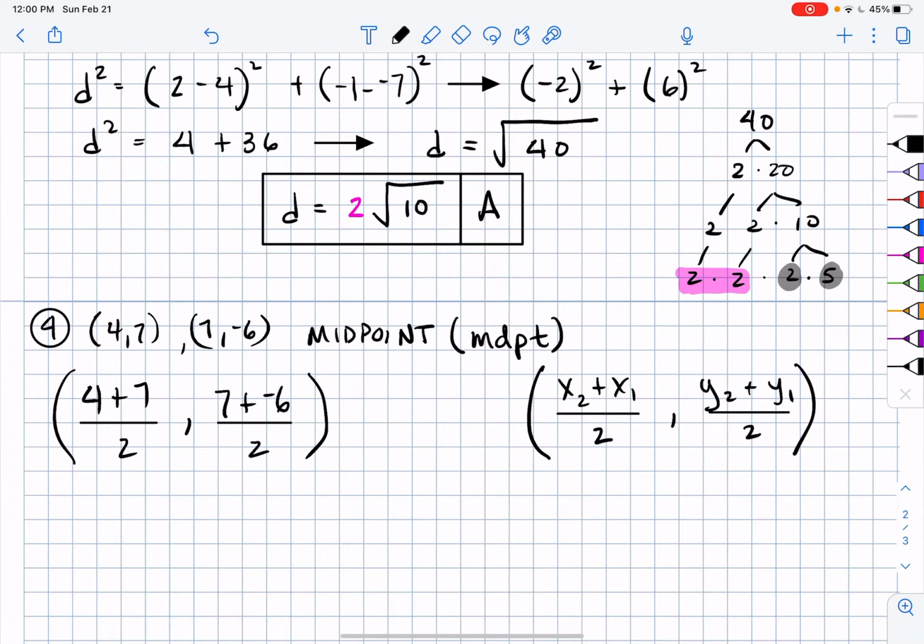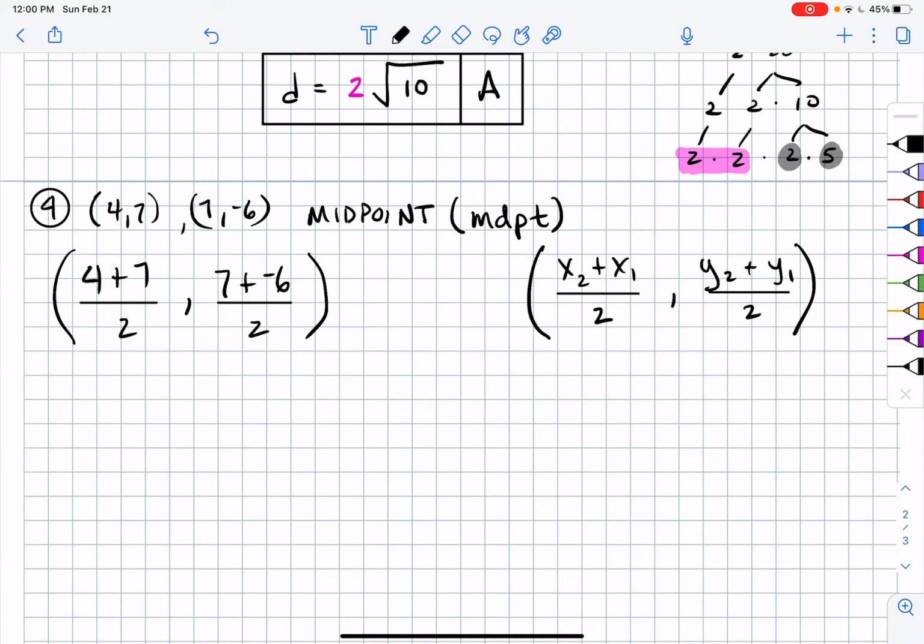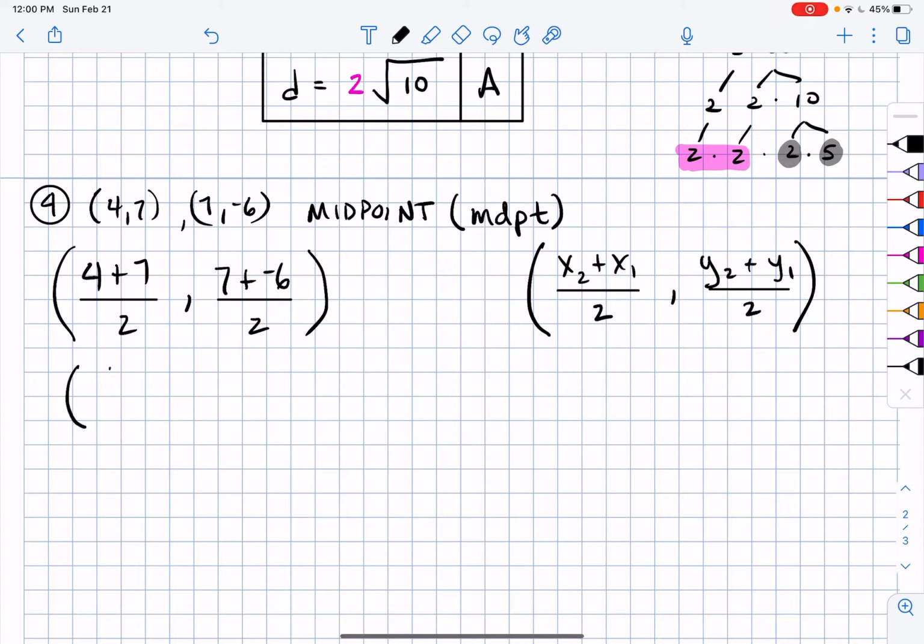So that would be my midpoint. That's going to come out to 11 halves and 1 half. So that would be the point, 11 halves, comma, 1 half. That's a coordinate, a midpoint. So that choice is going to be choice A.